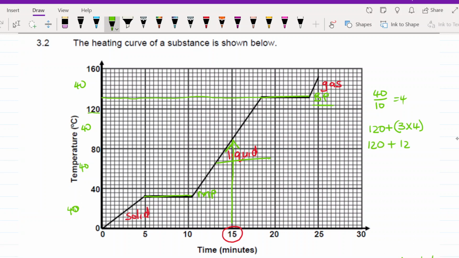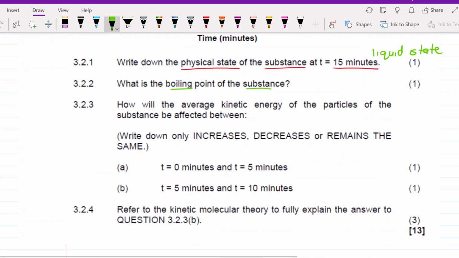So 120 plus 12 is 132. So that's 132 Celsius degrees. So this point here is 132. So the answer here, what is the boiling point? The boiling point is 132 Celsius degrees.